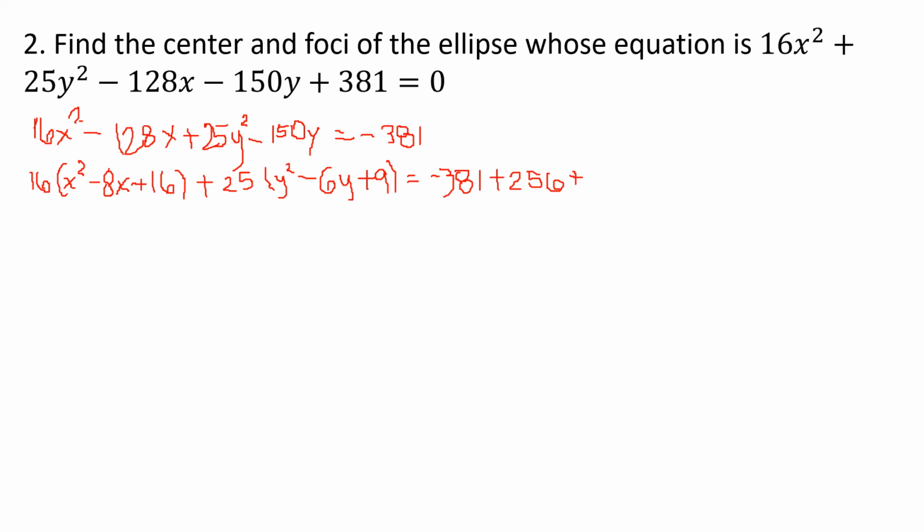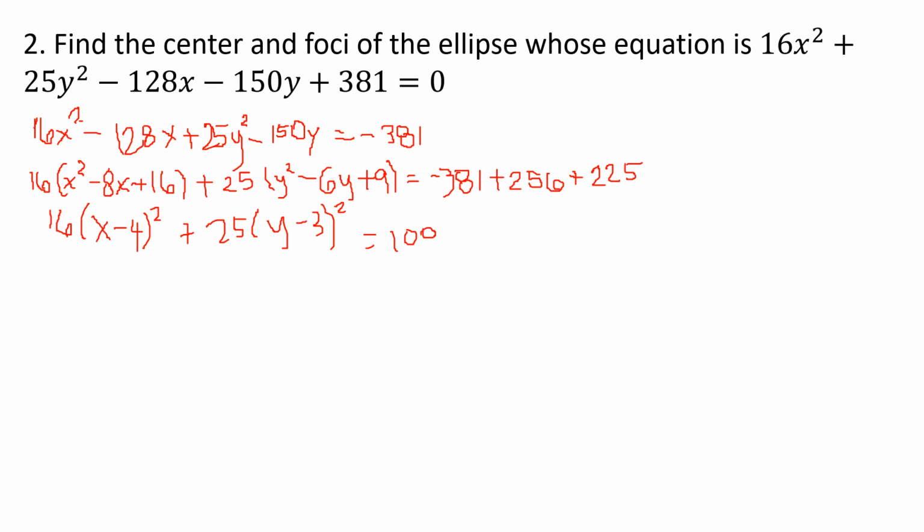So 9 times 25 is 225. You express this in its simplest form. So we have x minus 4 squared plus 25 times the quantity y minus 3 squared equals 100.